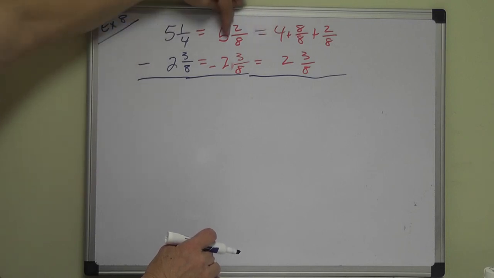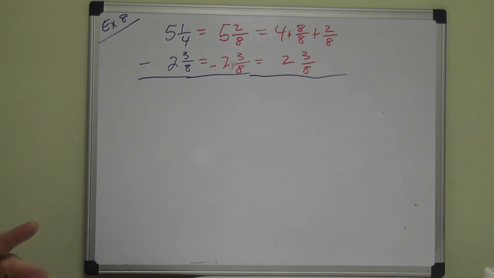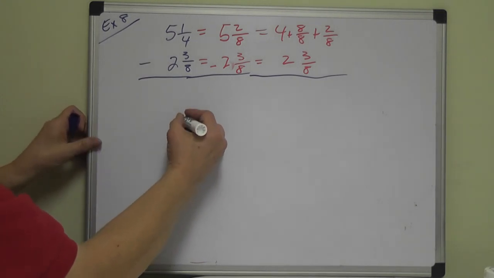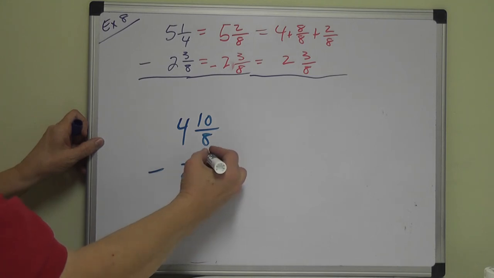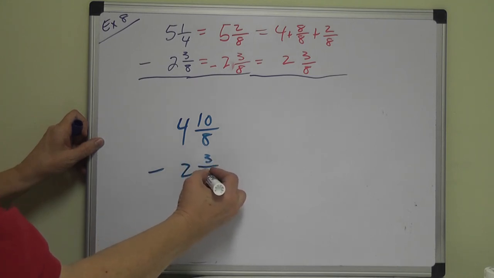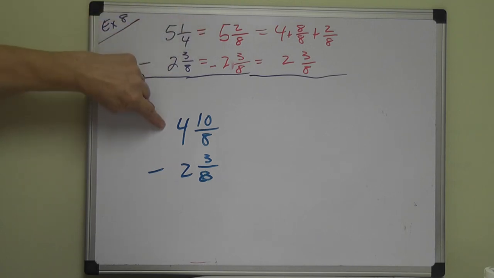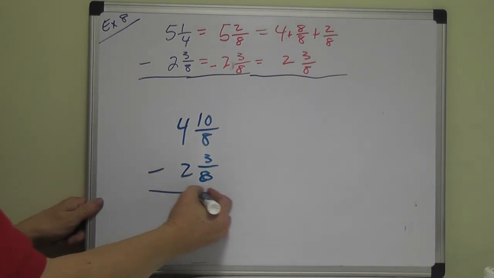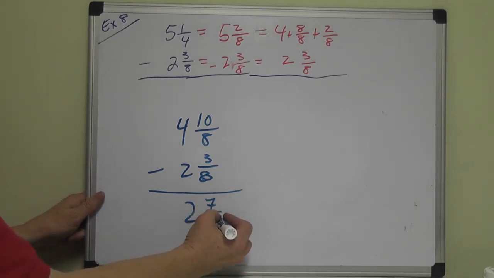But we need to borrow that 1 in fractional form, so we rename it as 8 over 8. Then, bringing our problem down here, we end up with 4 and 10/8, and from that we are subtracting 2 and 3/8. This is how we have to rename 5 and 2/8 becomes 4 and 10/8 so that we can carry out that subtraction. Now we can subtract the whole number parts and we can subtract the fractional parts.